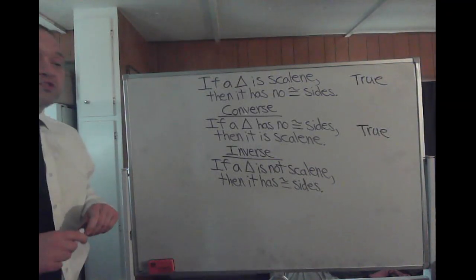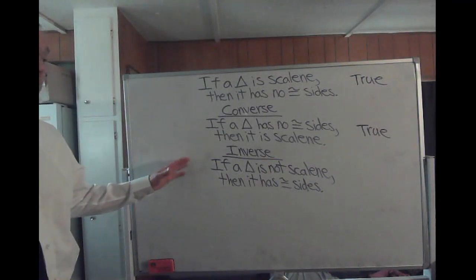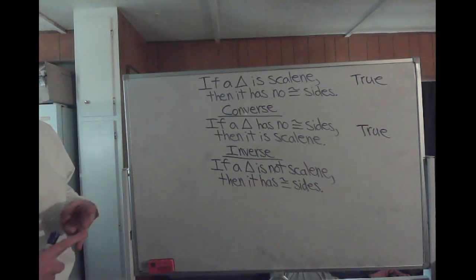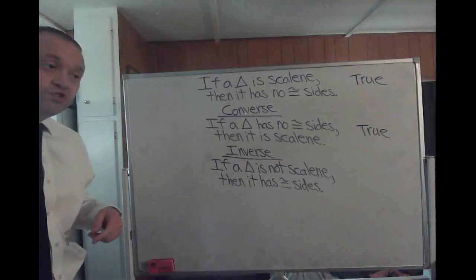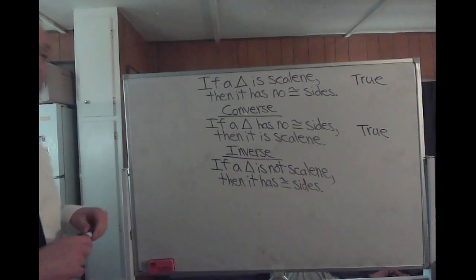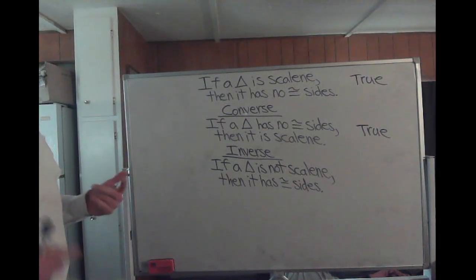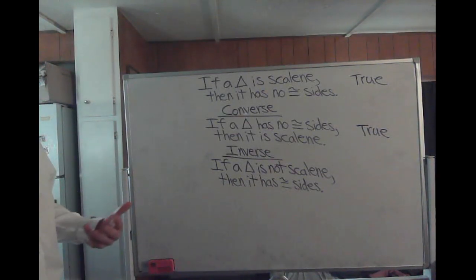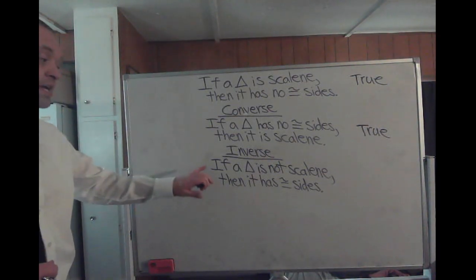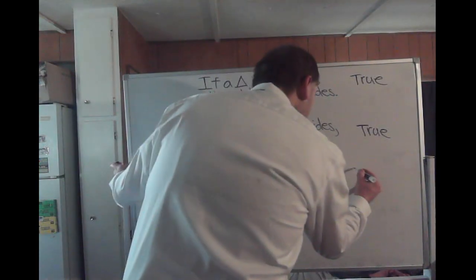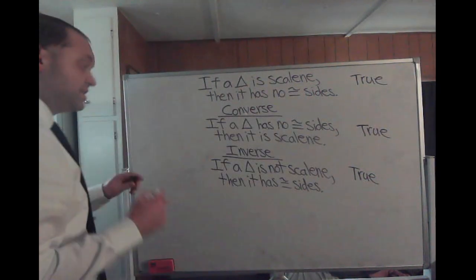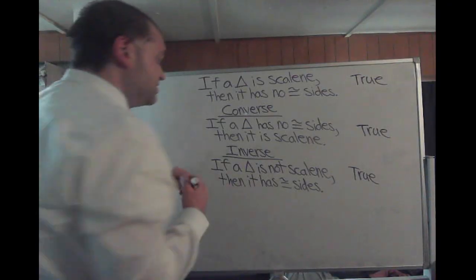Well, let's think about triangles. We're classifying them by sides. If a triangle's not scalene, then it's either going to be isosceles or equilateral. Those are the only other two choices. An isosceles triangle, as you know, has at least two congruent sides, where an equilateral triangle, all three sides are congruent. So this is actually true. At least two of the sides would be congruent if it has congruent sides. So the inverse is also true.